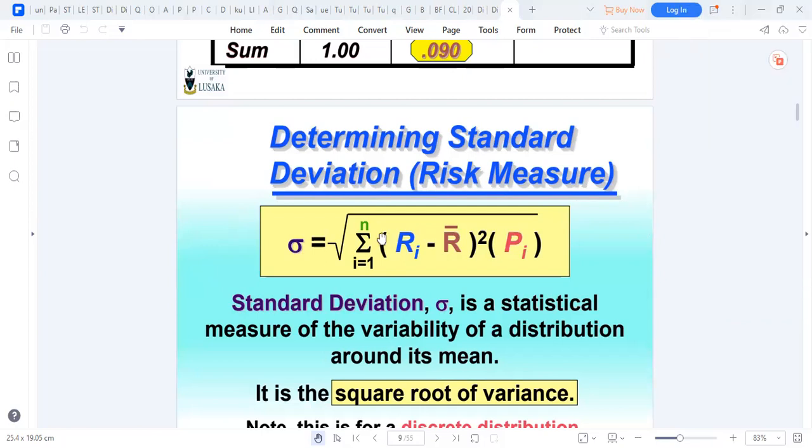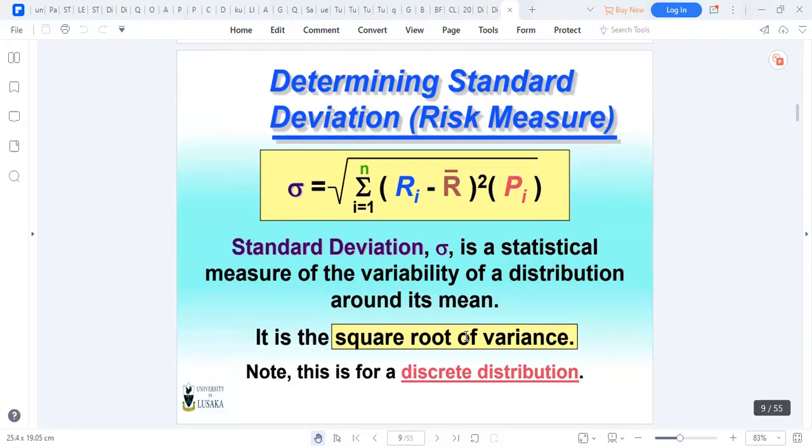By definition, the standard deviation is simply a statistical measure of variability: how much we're deviating from our expected return. That is called the standard deviation. It's simply the square root of the variance. So it is also in our statistics under discrete distribution.